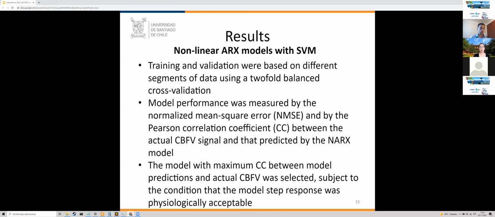Then we chose the model with maximum correlation coefficients, subject, of course, to the important condition that the model step response was physiologically feasible or acceptable.